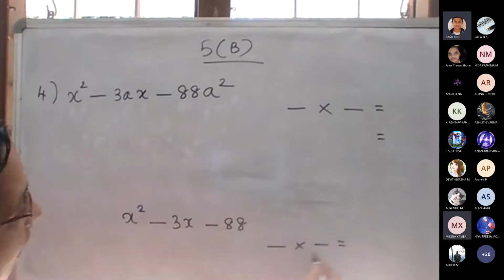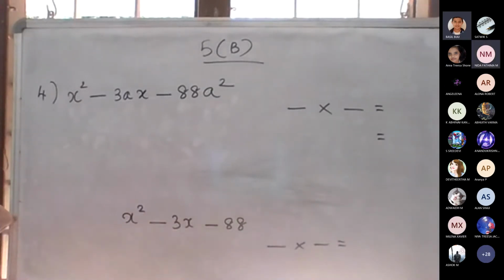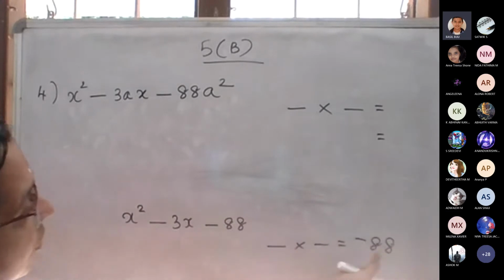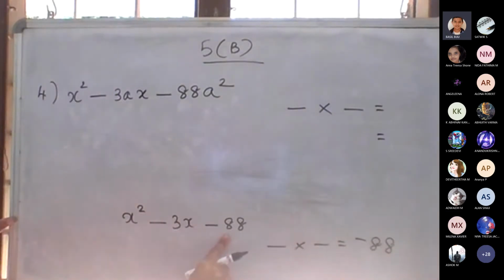Dash into dash should be negative 88. How are you getting that negative 88? You told negative 88. How are you getting that?